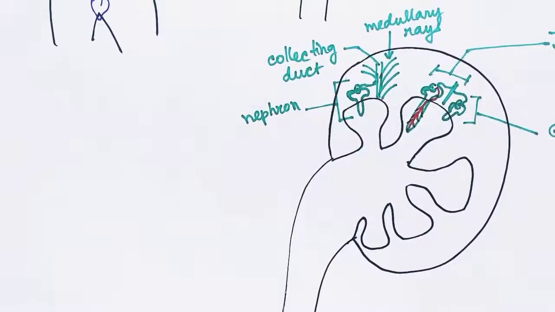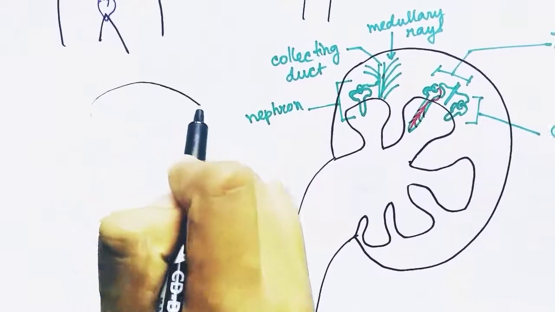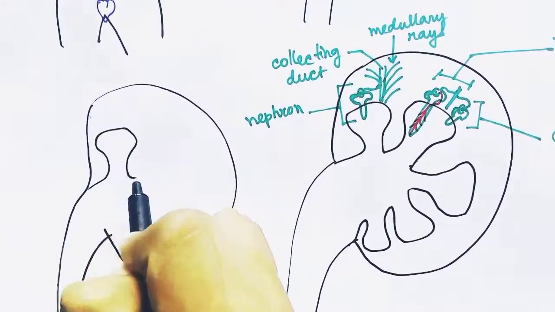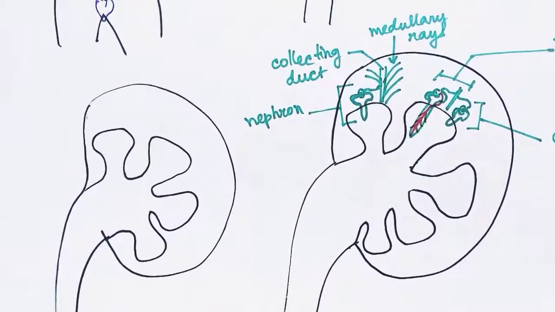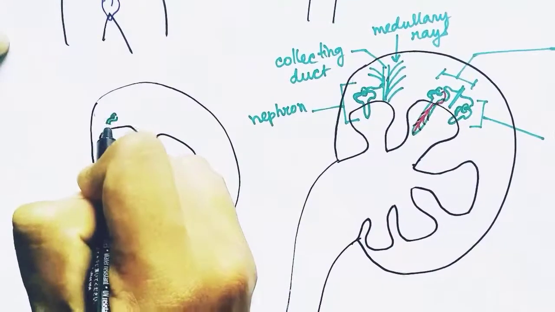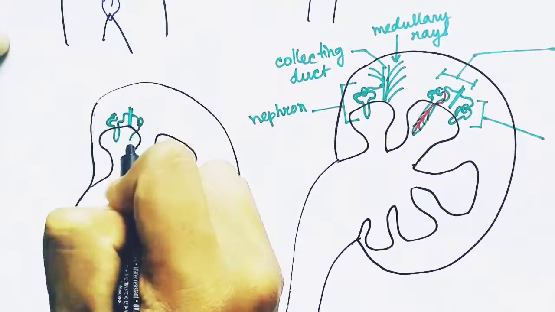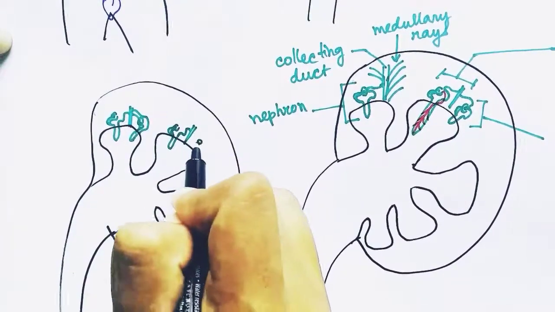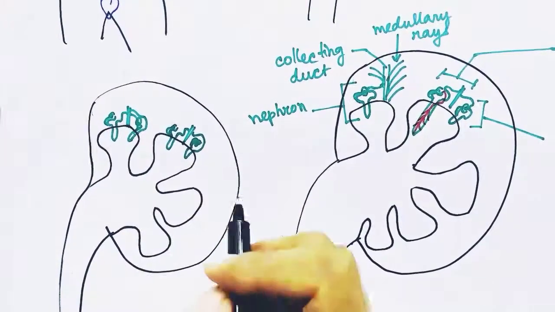I'm drawing the kidney once again, now here to understand the blood supply of the kidney. These are the medullary pyramids and the nephrons present in the kidney. The glomerulus in the cortex and the loop of Henle inside the medulla.